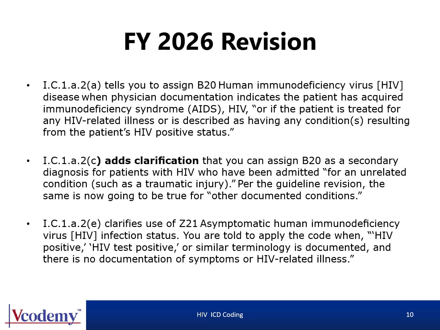And in chapter 1A to C, this adds more clarification that you can assign the B20 as a secondary diagnosis of patients with HIV who have been admitted for unrelated conditions such as a traumatic injury. For the guideline revision, the same is now going to be true for other documented conditions also.